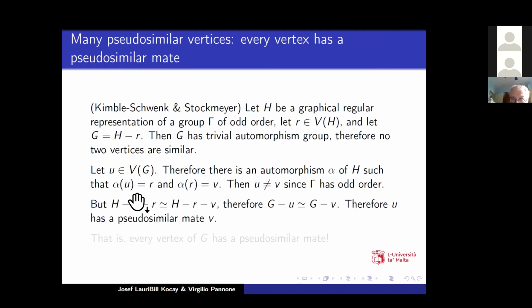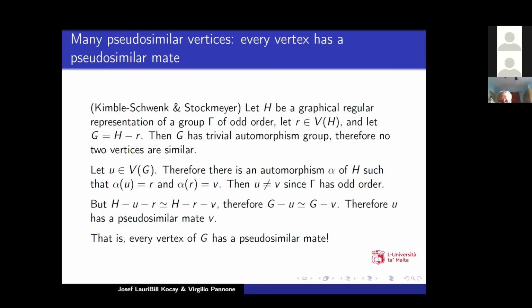Because alpha maps the set of vertices UR to the set of vertices RV. But this means that, remember G is H minus R, G minus U is isomorphic to G minus V. Therefore, U has the pseudosimilar mate V. Because remember, U and V cannot be similar because G has trivial automorphism group. Therefore, every vertex of G has a pseudosimilar mate.